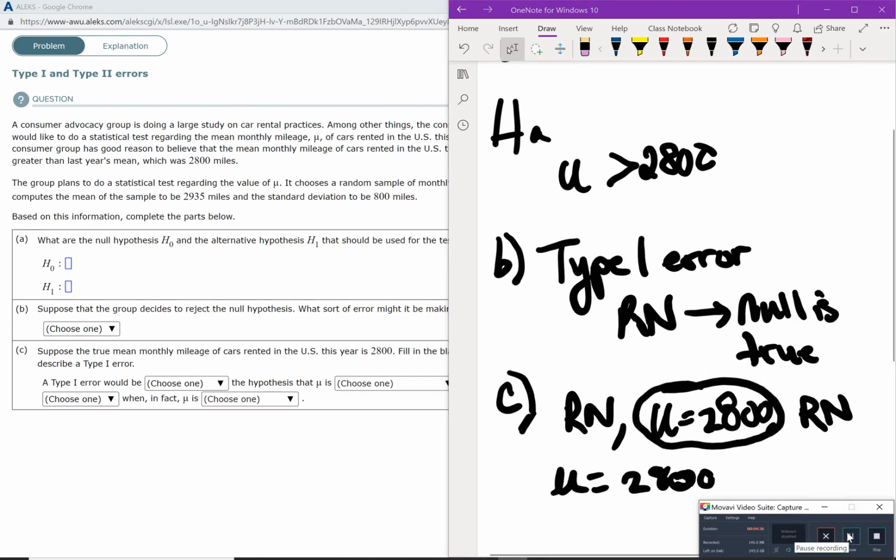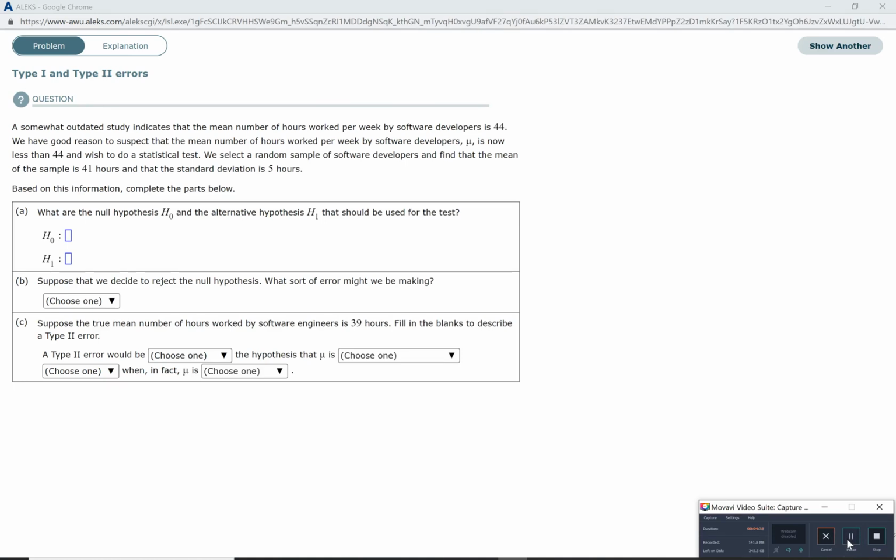Let's do another one. In this question, they're stating that a somewhat outdated study indicates that the mean number of hours worked per week by software developers is 44.